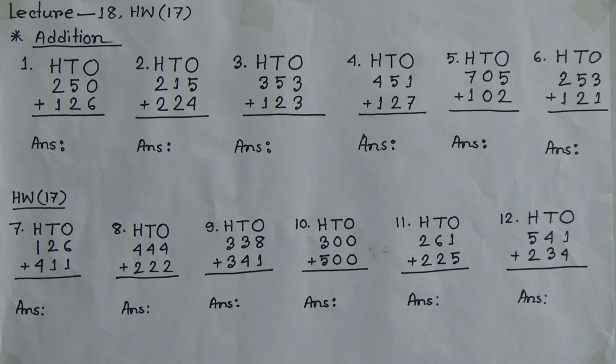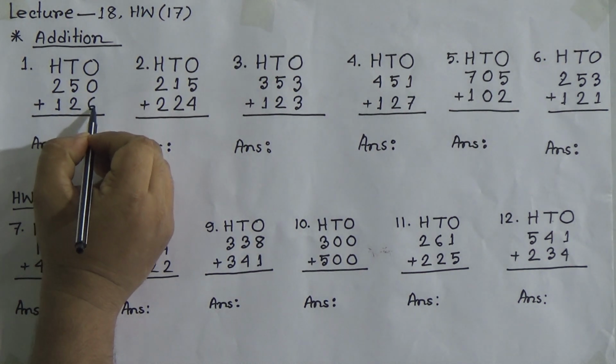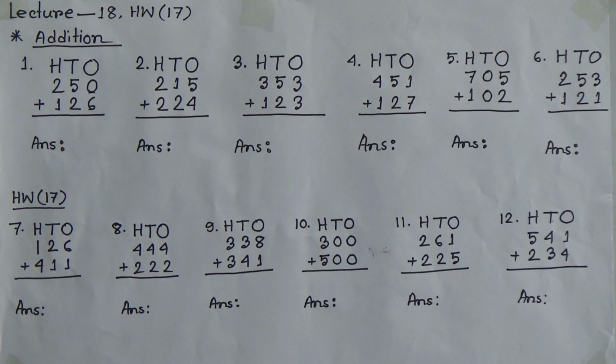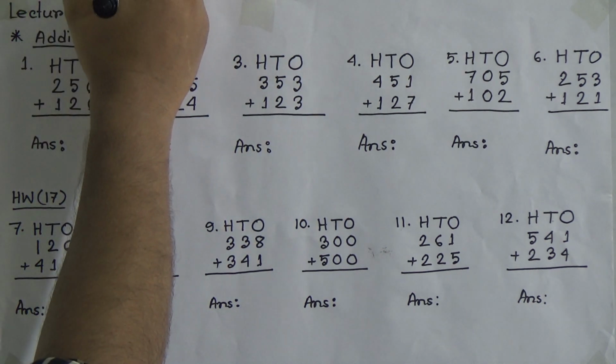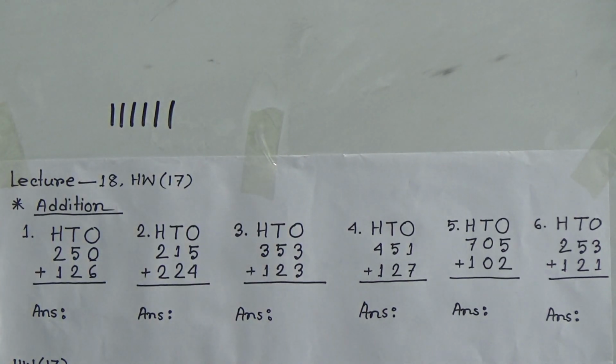Notice here 0 and 6. So, we add 0 and 6. 6 means 6 sticks, 1, 2, 3, 4, 5, 6, and 0 means 0 sticks.